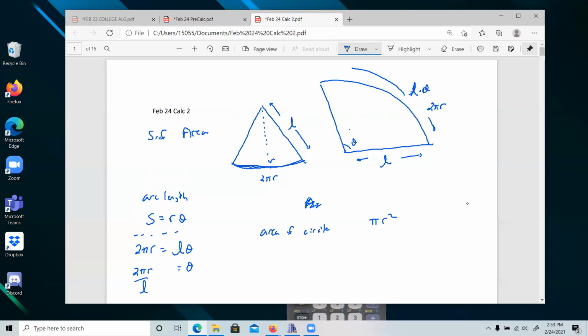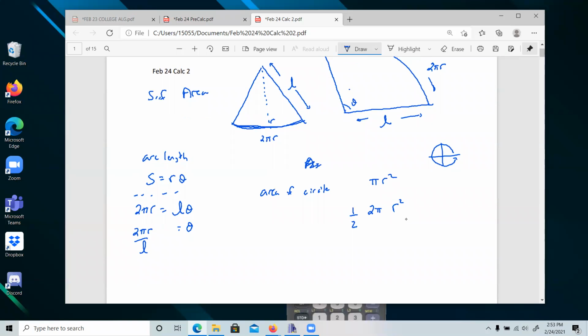How many radians is all the way around a circle? That's 2 pi. I needed a 1/2 here to make this fit. So the formula for the area of a sector is 1/2 theta r squared.